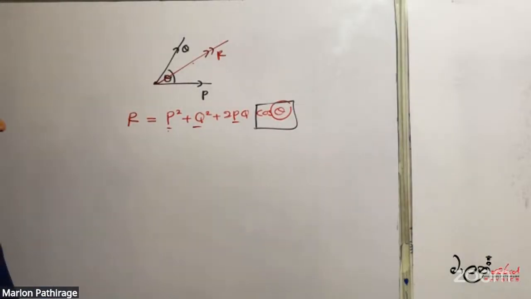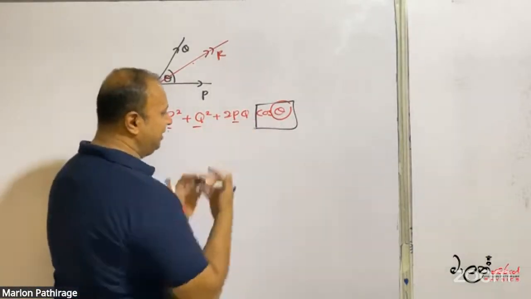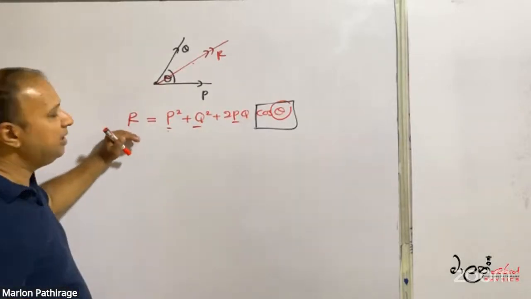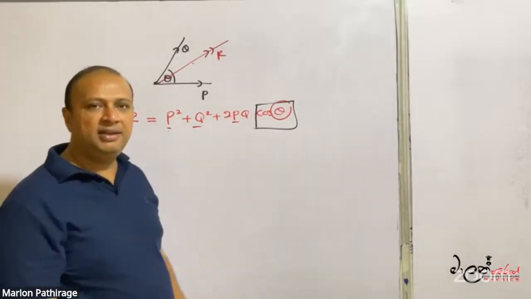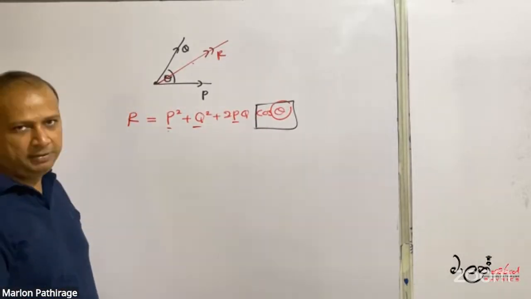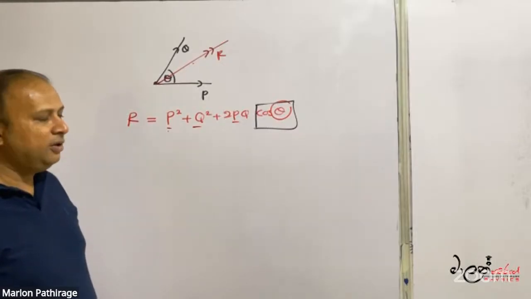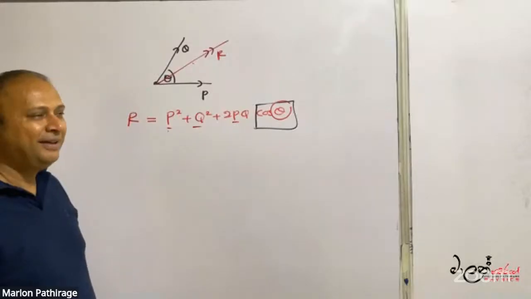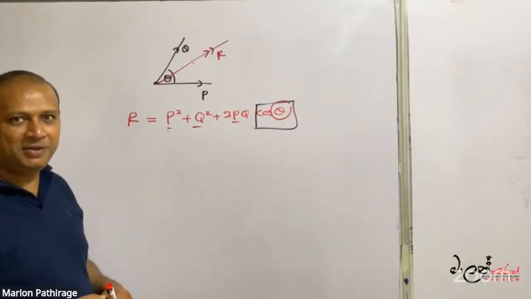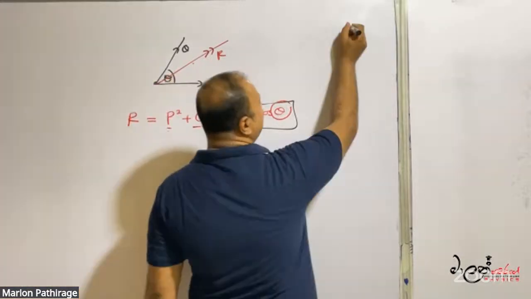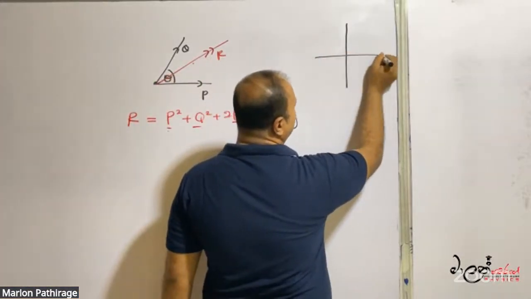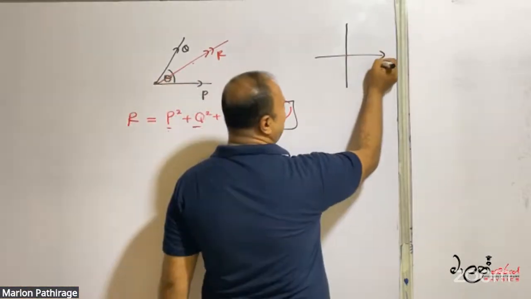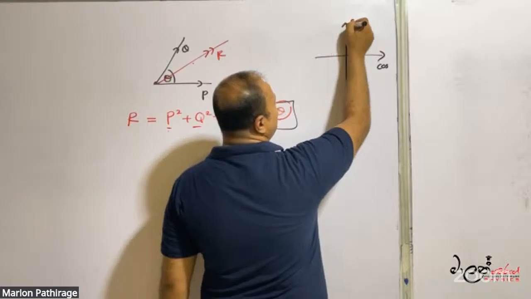Okay. That means R depends on cos theta. When cos theta is a maximum, R will be a maximum. When cos theta is a minimum, R will be minimum. According to our trigonometric knowledge, if you know the unit circle, this is the cos axis and this is the sine axis.